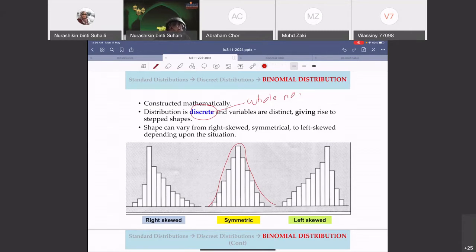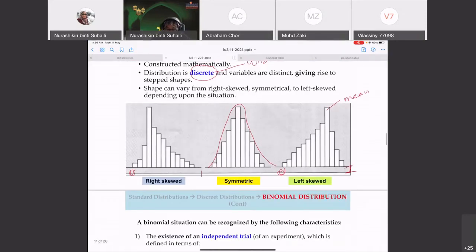This is right skewed, where the mean is close to 0. So this is 0, and this is 1, because when we talk about probability it is from 0 to 1. And left skewed is when the mean is approaching or near to 1. So that's the examples of the forms of distribution.